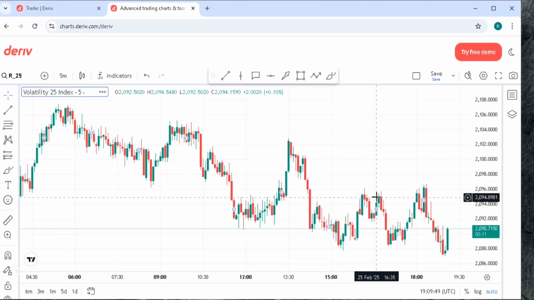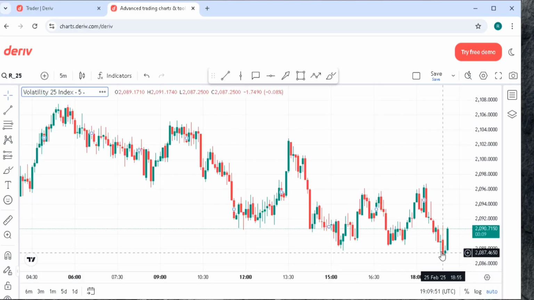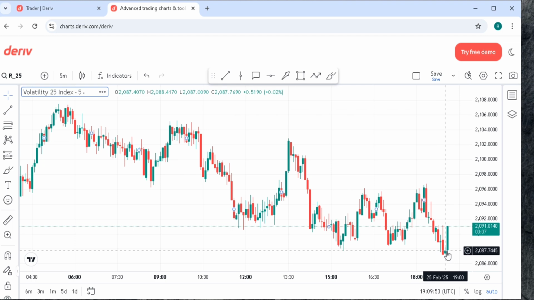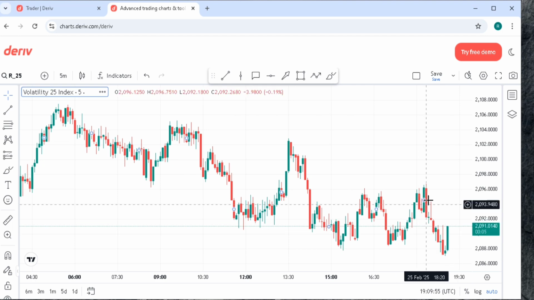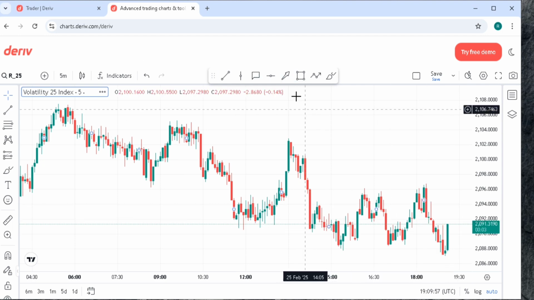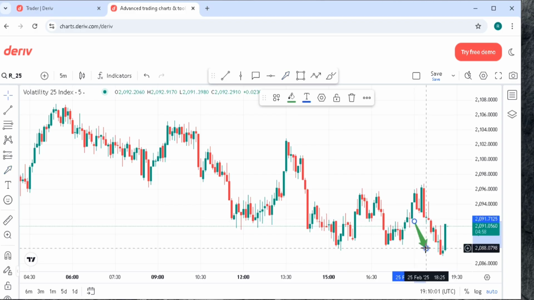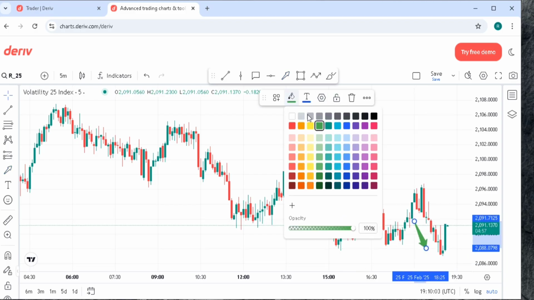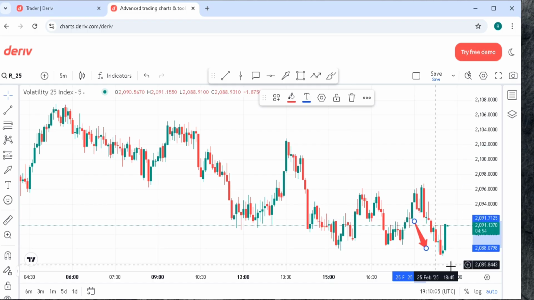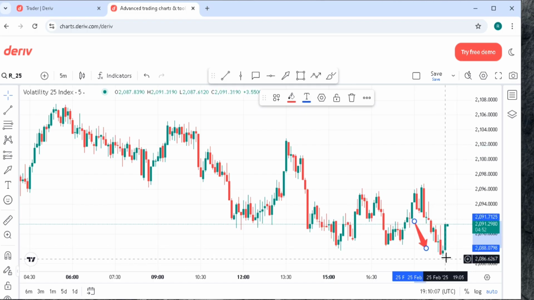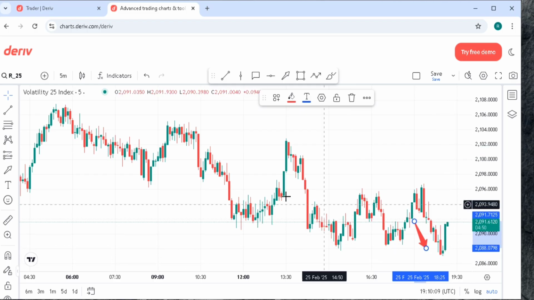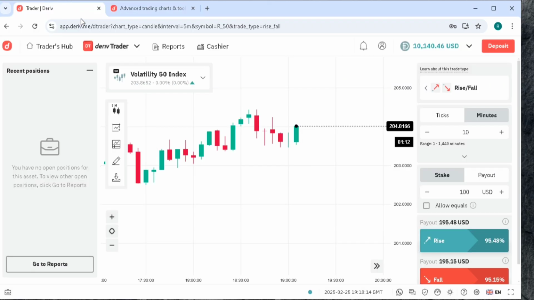Yeah, I'm looking at this market, and I think this is a morning star, because there is a downtrend here, and then there is this small candlestick. So this is a morning star, so we can enter a rise.